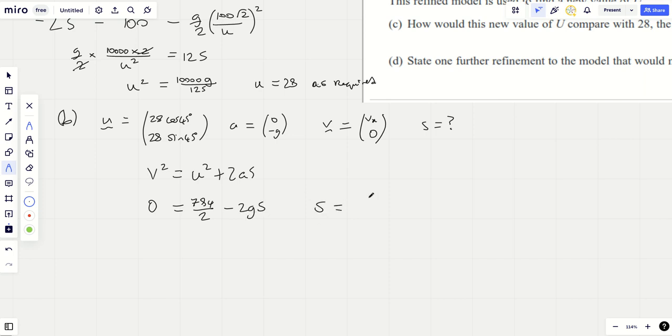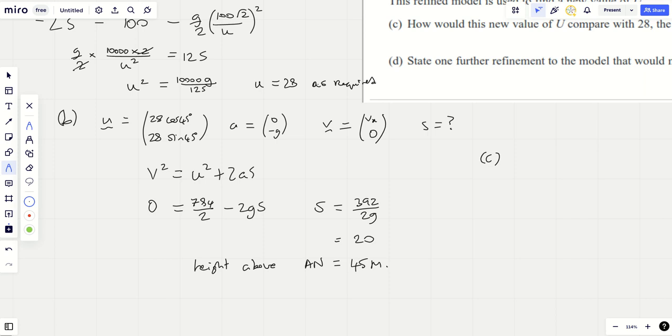And so s is going to be equal to, and I can just do it on my calculator now, 784 divided by 2, 392 divided by 2g. And that equals a lovely satisfying answer of 20, and so the height above AN is 45 meters, or NA they were calling it. It seems like a weird thing to call it. Okay, and that's that one done.